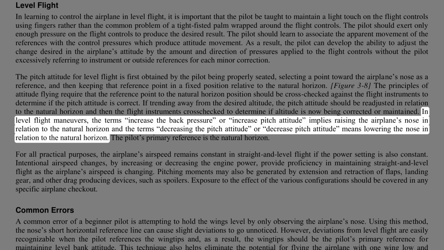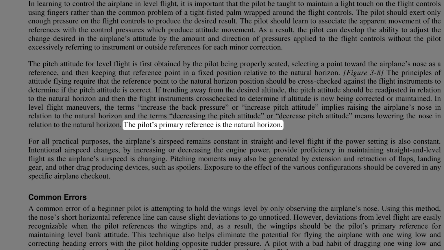In level flight maneuvers, the terms increase the back pressure or increase pitch attitude implies raising the airplane's nose in relation to the natural horizon, and the terms decreasing the pitch attitude or decrease pitch attitude means lowering the nose in relation to the natural horizon. The pilot's primary reference is the natural horizon.